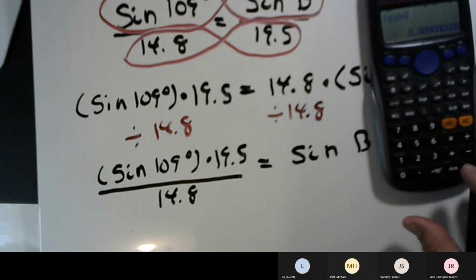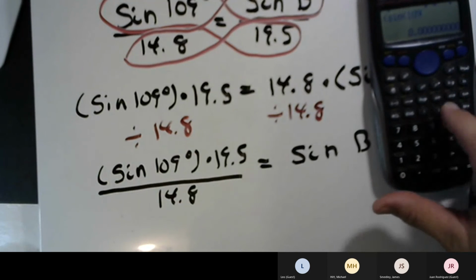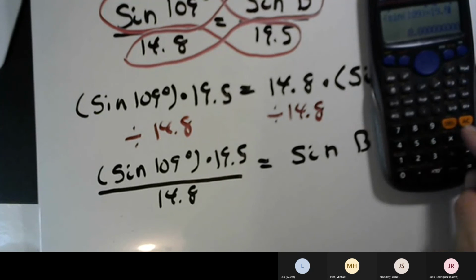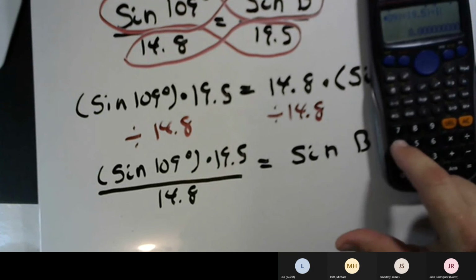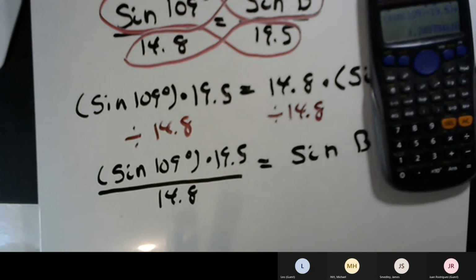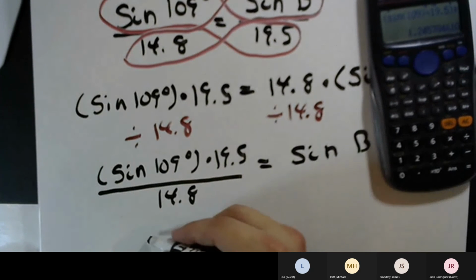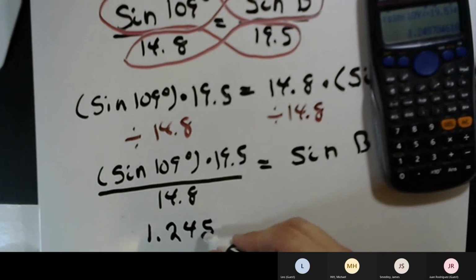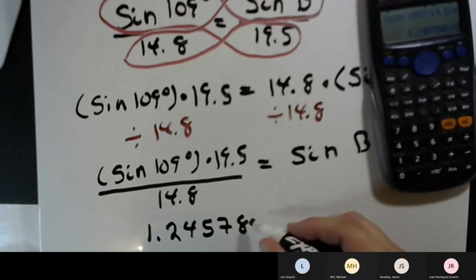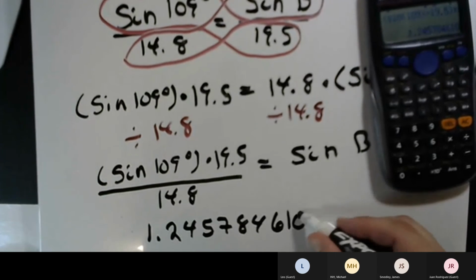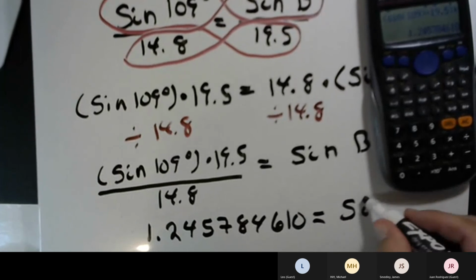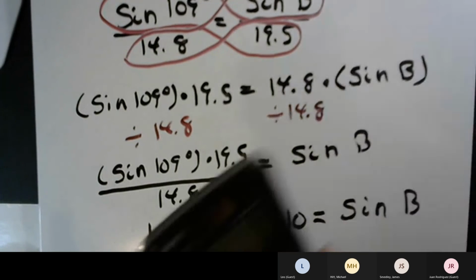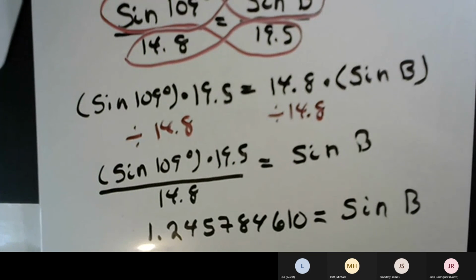So you have sine 109 times 19.5 divided by 14.8. Get this long number. We're going to get 1.245784610 equals sine of B. Getting close. Almost got B excavated out of there.